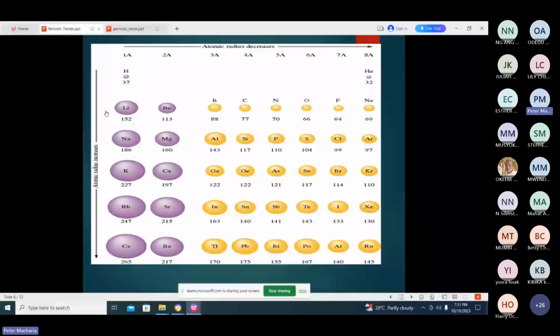You notice that the decrease is from group 1 to group 7. When you go to group 8, there is a slight increase, isn't it? That is also something you should note. But let us first of all talk about group 1 up to group 7. So why is that trend as such?